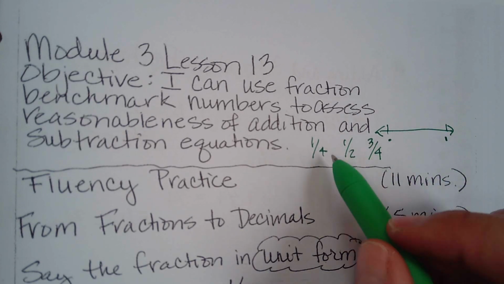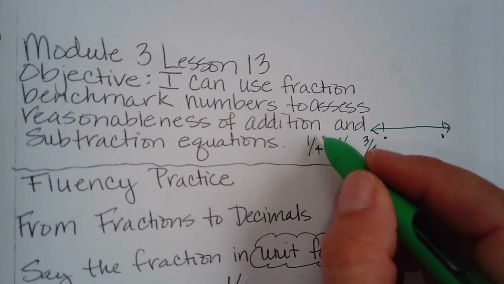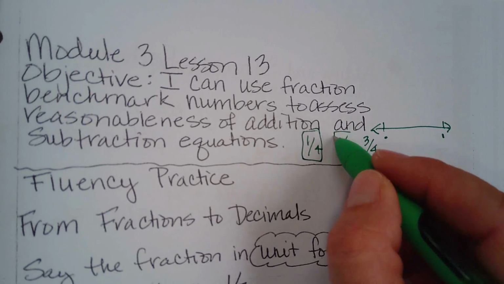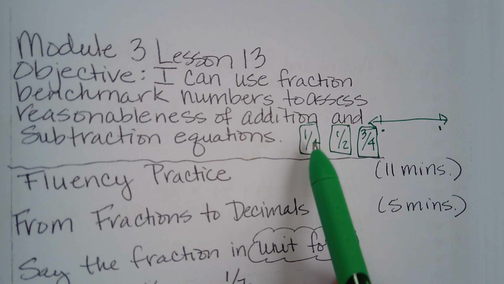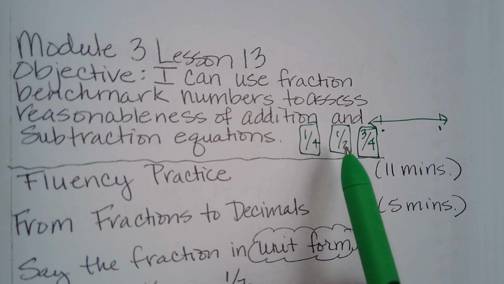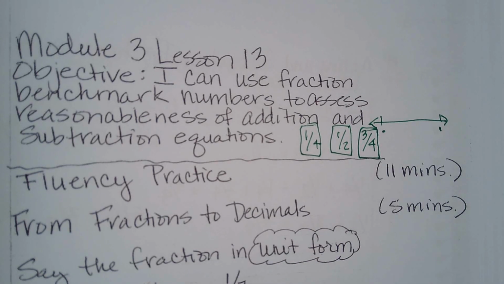That's where we use fraction benchmark numbers. Like this would be considered a fraction benchmark number, because you also know that's 25%, that's 50%, that's 75%. Those would be called fraction benchmarks.